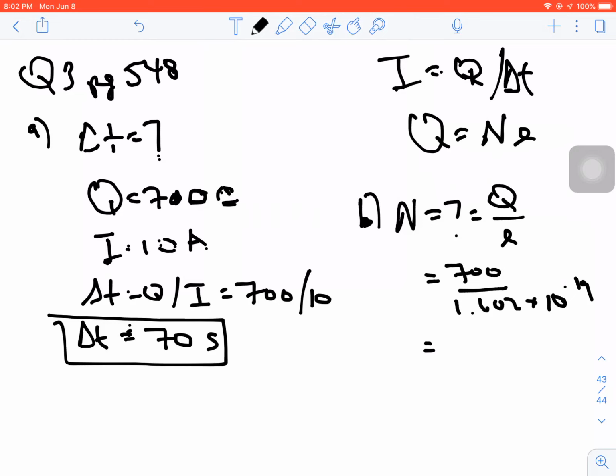I'm just going to do this on my calculator here. I'm getting 4.37 times 10 to the 21 electrons.